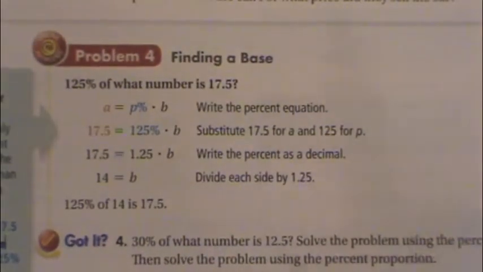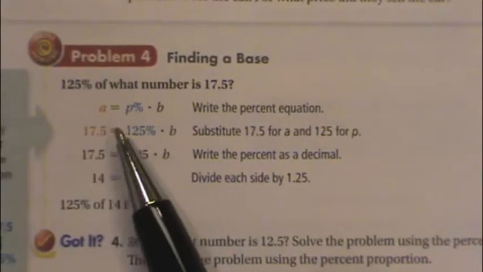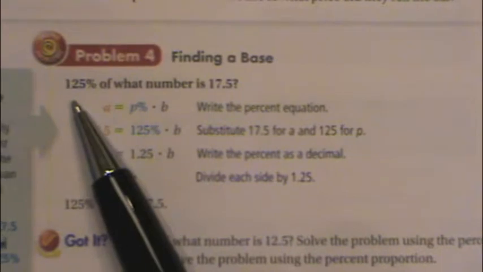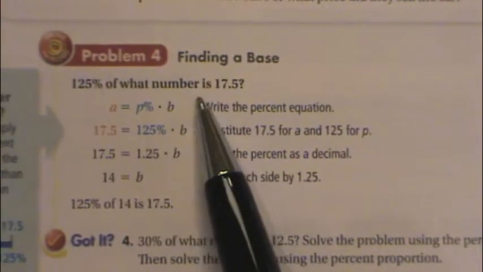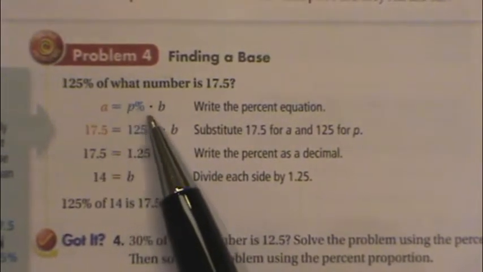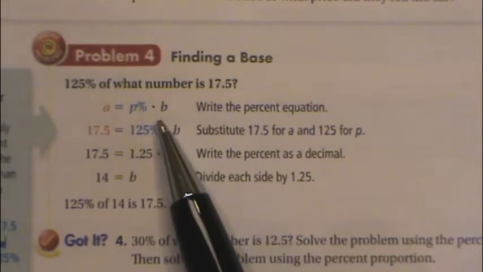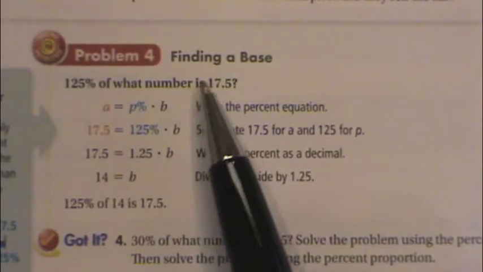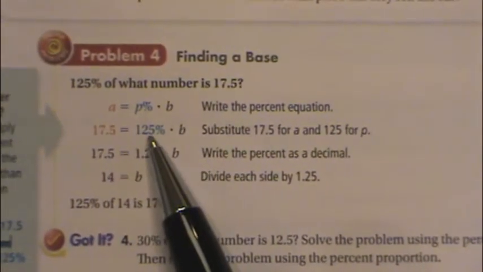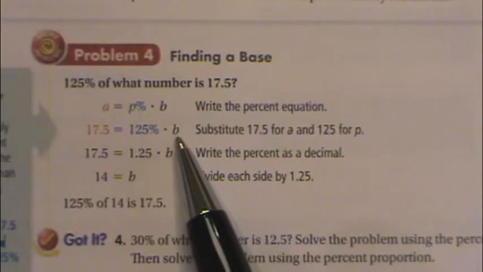With problem 4, we're not really changing anything again other than which number we're looking for. They've asked you the question, 125% of what number is 17.5? Write your percent equation, A equals P percent times B. Then plug in what you know. We know 17.5 is 125% of something.